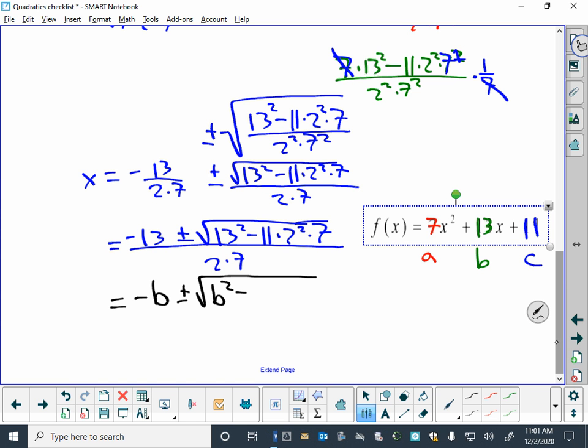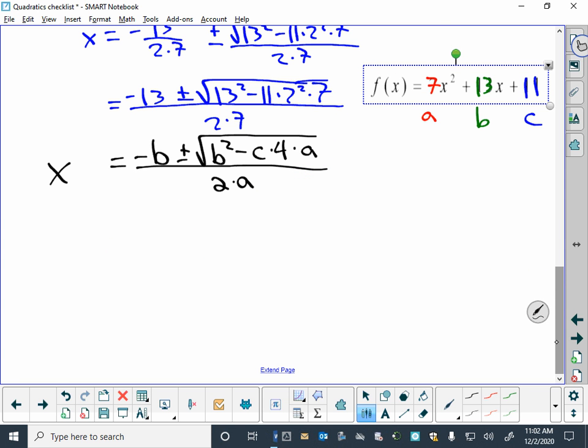Here I've got minus 11, which is the C. The 2 was never really a part of the original problem, so I remember that came in there because I had to split the B in half and then make that square. So that looks like it's always going to be a 4 no matter what. And this is the A. And it is all over, there's the 2 again, that didn't come from this problem, it came from the process, times the A.